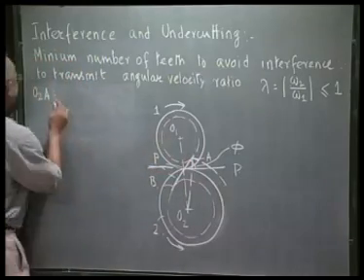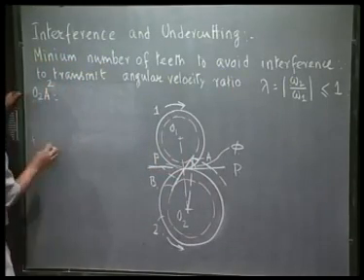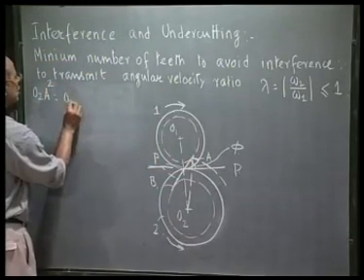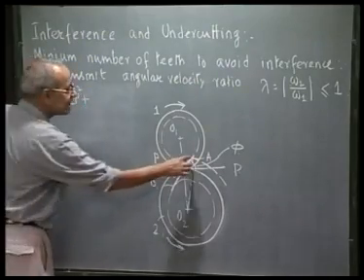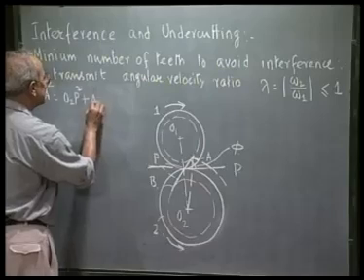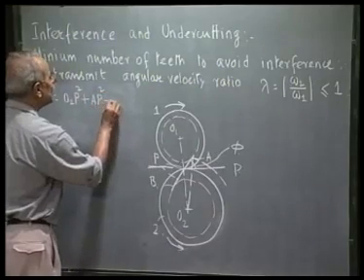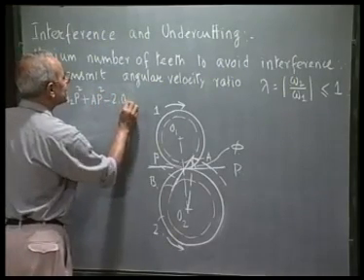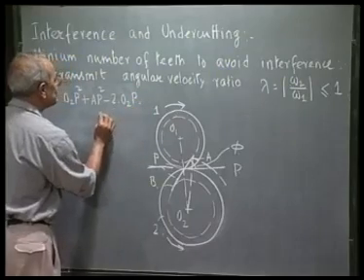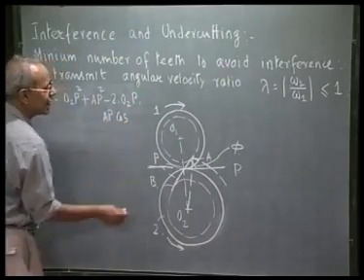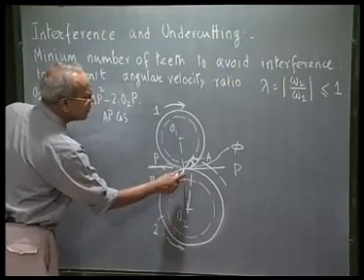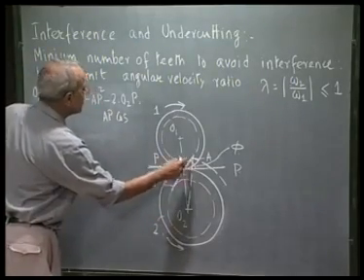So O2A squared is O2P squared plus AP squared minus, just using the triangle law, twice O2P into AP into cosine of the angle between O2P and AP, which is pi by 2 plus phi.